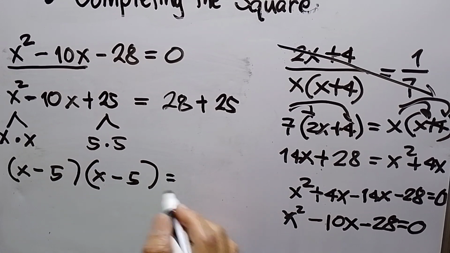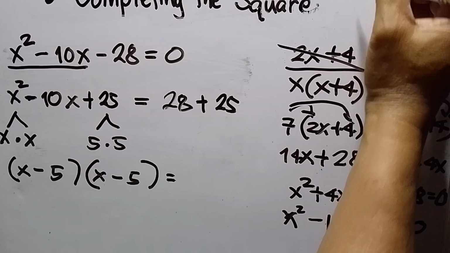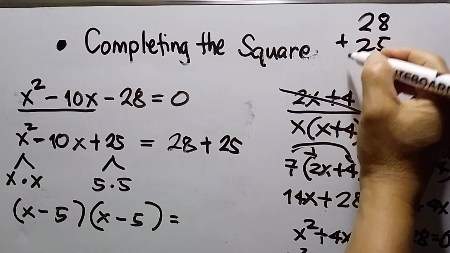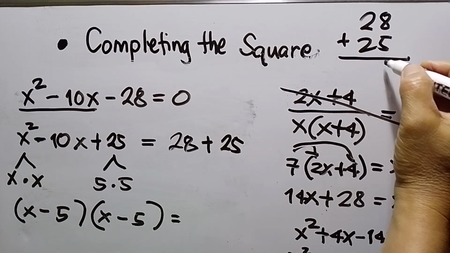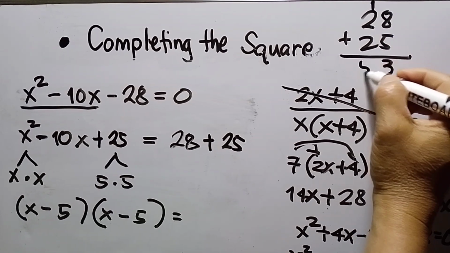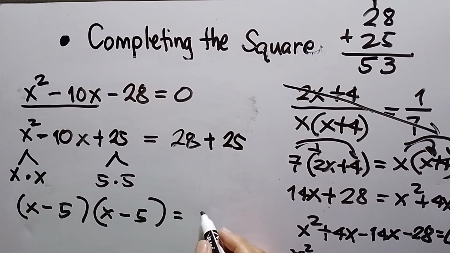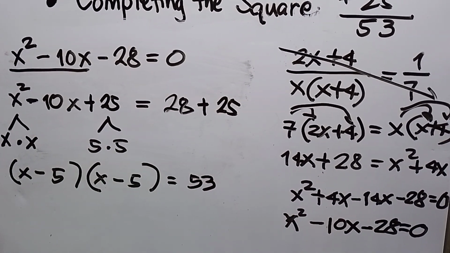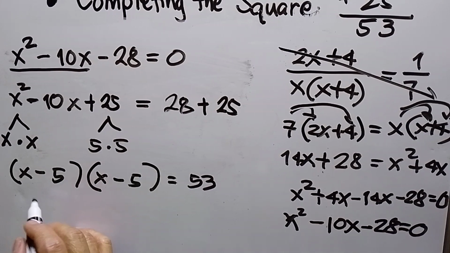And then this is equal to 28 plus 25. 8 plus 5 is 13, carry 1, 53. So this will be 53.